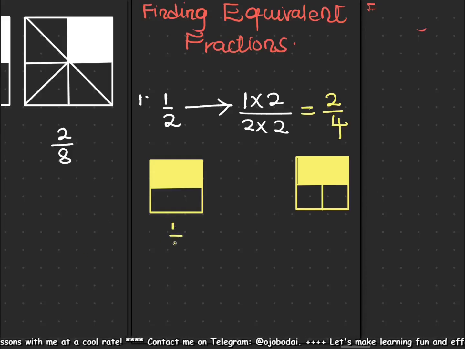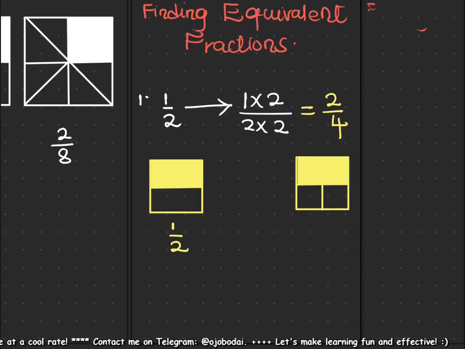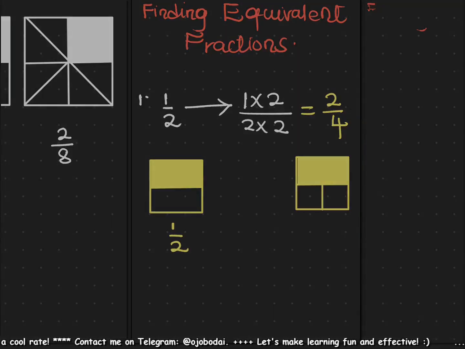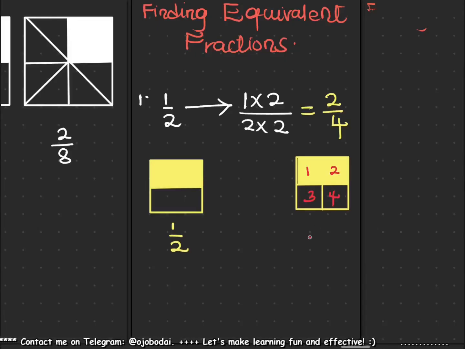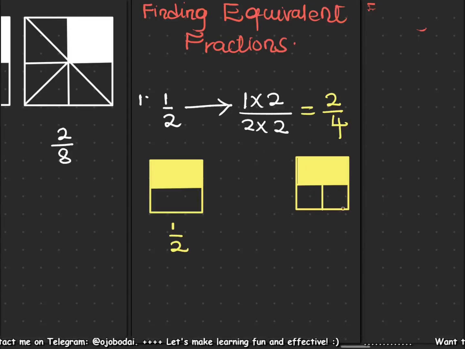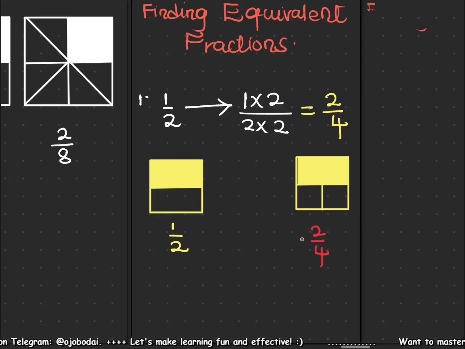That is our 1 over 2. And this, on the other hand, has 4 divisions. How do we know it has 4 divisions? This is 1, 2, 3, and then 4. Right? And how many have we shaded? We have shaded 2 of them. So 2 over 4.